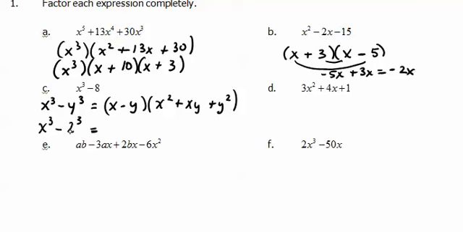Now I'm just going to go ahead and fill in x minus 2, x squared plus, y is 2, so instead of xy it's 2x, and instead of y squared, 2 squared is 4. That's your complete answer.